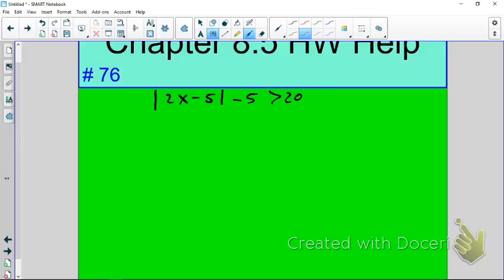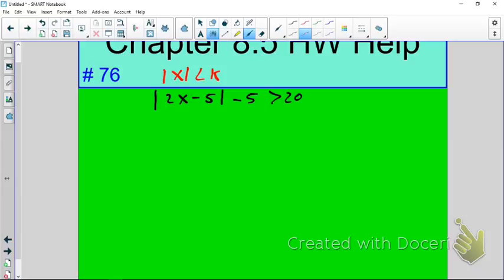Okay, so this is number 76. These are the good ones that we were talking towards the end of class about. Remember, the rule says if you have the absolute value of x such that it is, let's say for example, greater than k, we get to see this in two different ways. We have to represent when it's less than the number and when it's greater. Remember how we talked about that it will represent the negative numbers and the positive numbers.